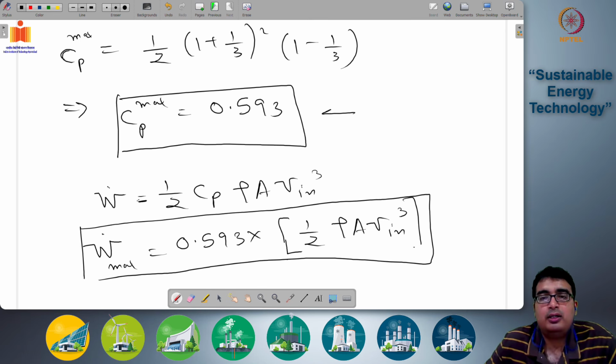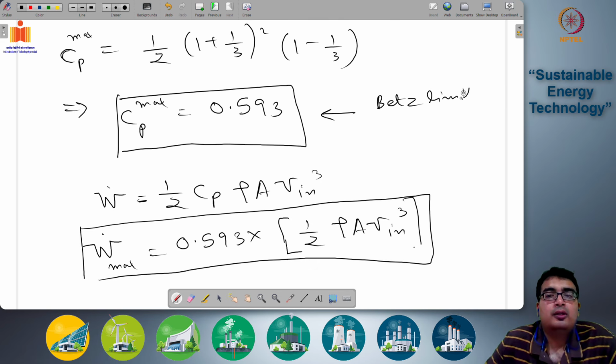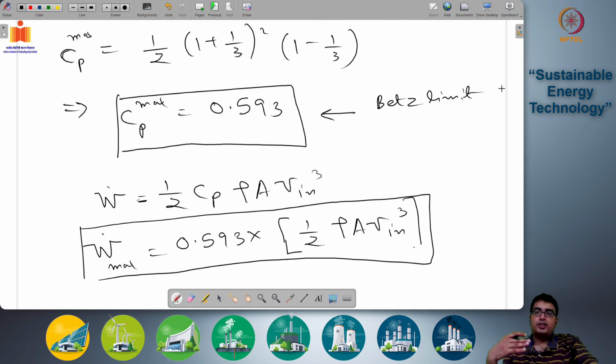So this is called the Betz limit. The maximum possible conversion of the available wind power to the rotational power of the wind turbine blades is 59%. So around 59% of the total kinetic energy present in wind can be converted into mechanical energy of your wind turbine.